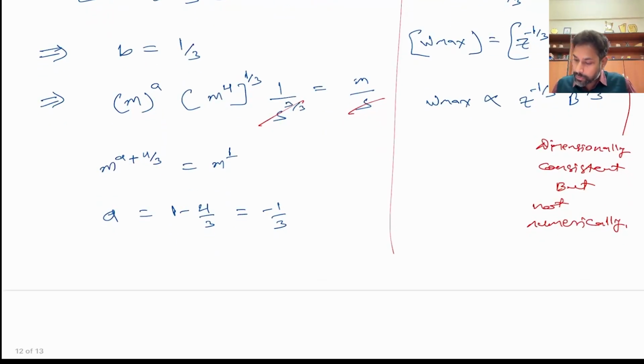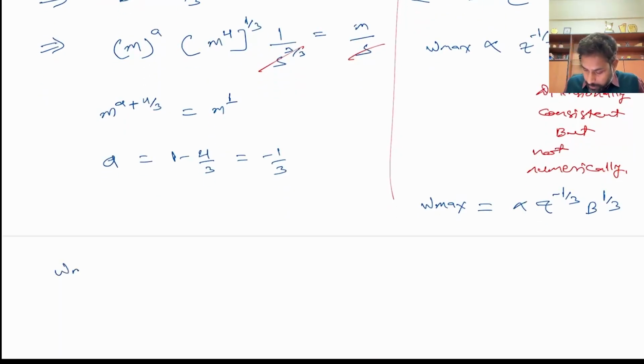So that equation with the square bracket is dimensionally consistent, so they have the same dimension, but that does not necessarily mean that their numerical values are also the same. And to be able to convert that into a numerically same form, we must use some sort of proportionality, and that will convert these into an equal sign using alpha, z to the minus 1 by 3, b to the power 1 by 3. Okay, so in other words, W max is equal to alpha b to the power 1 by 3 z to the power minus 1 by 3.